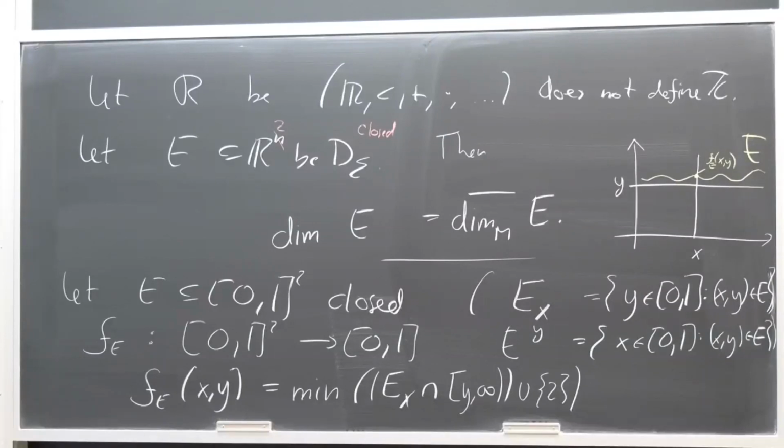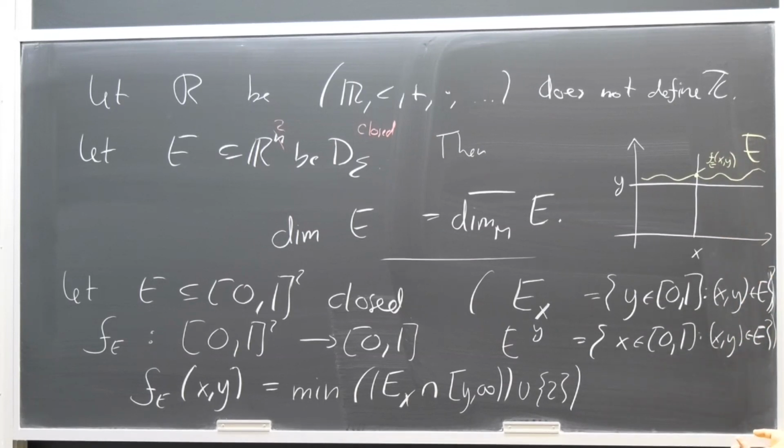Of course, we only know that these minimum functions are lower semi-continuous, so we only know that the points of discontinuity are nowhere dense for each of those y's. And what we showed last time was that the set of all these discontinuities, when you let y vary, is a D sigma set.